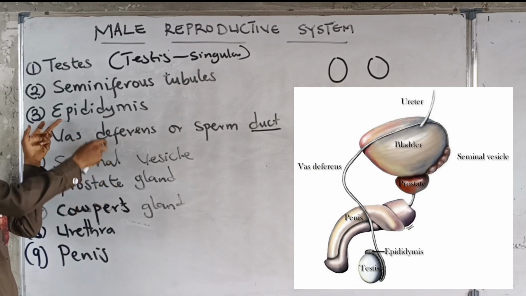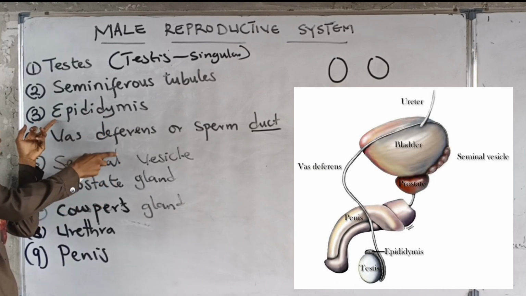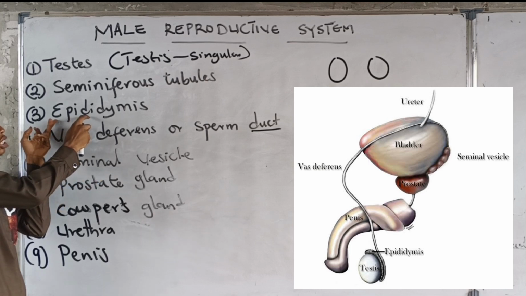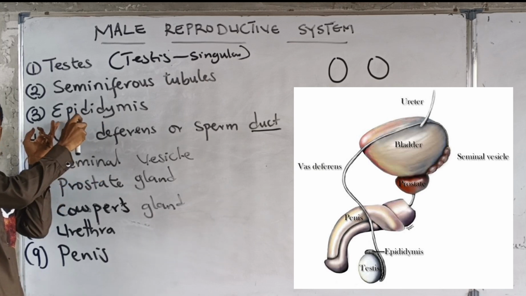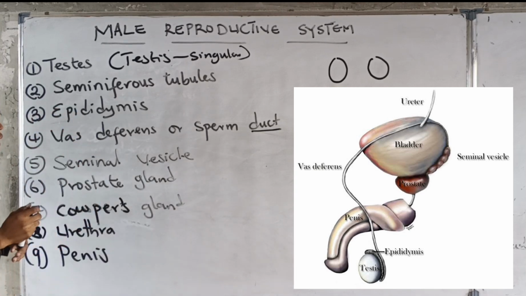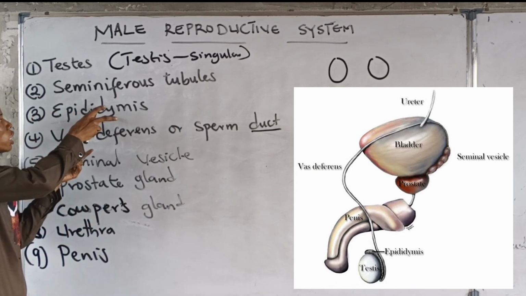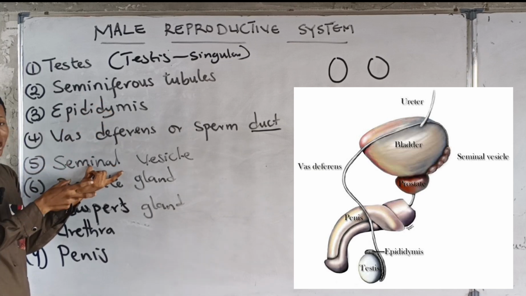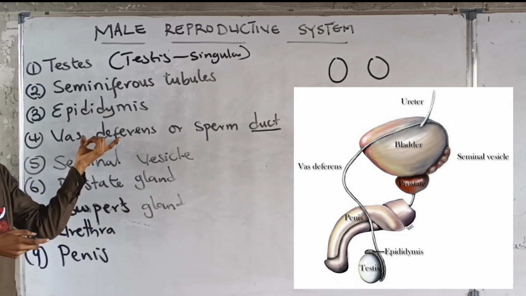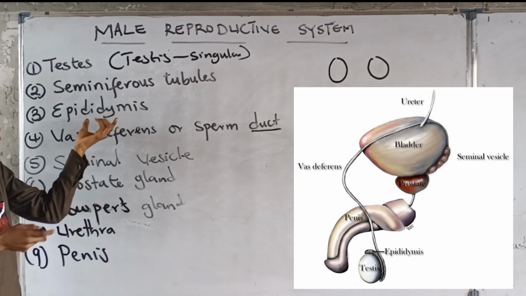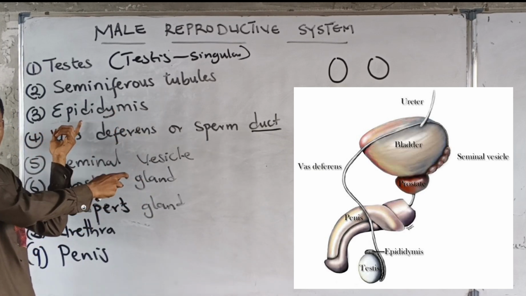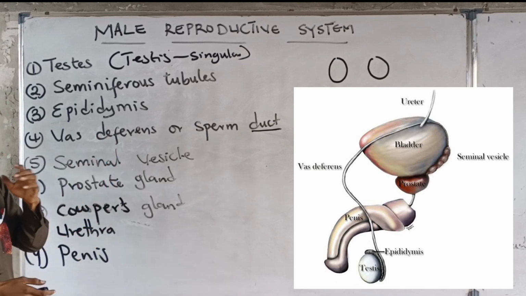Note that immature sperm is stored in the epididymis until it matures. When it matures, it will move from the epididymis to the seminal vesicle through the vas deferens. So this is like a tube where sperm travels through to the seminal vesicle.